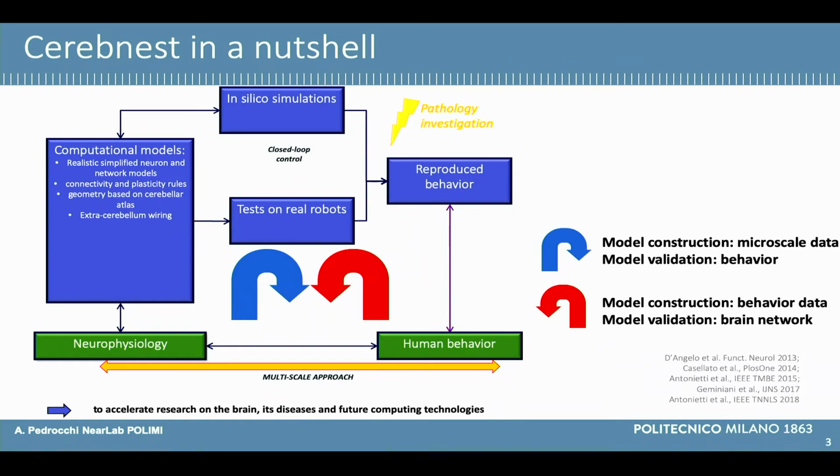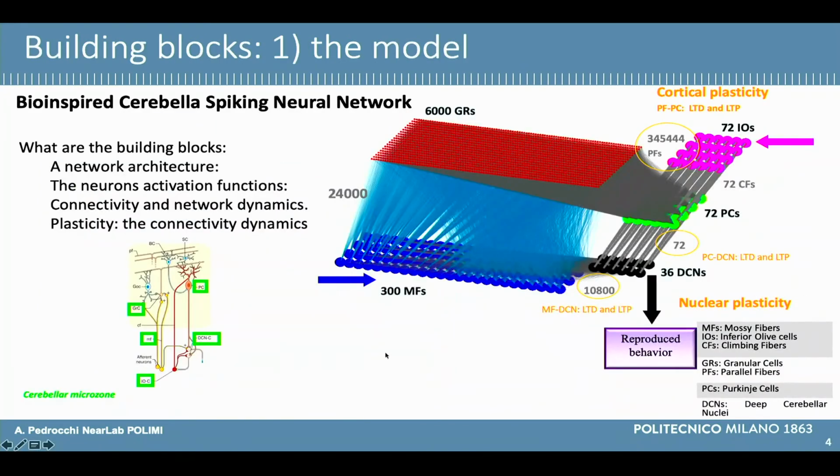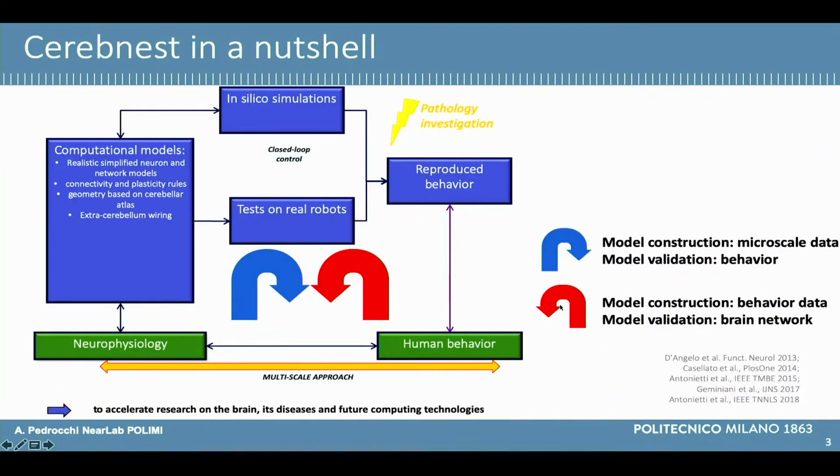So the link between model and data can be in two ways. We can read this loop starting from the behavior and going counterclockwise to the models.